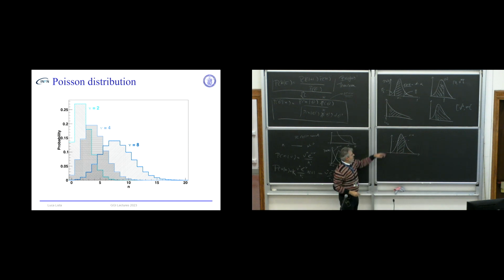And you can tune the level of the horizontal line. So this may be another interval. You can decide to move this horizontal line in order to have 68% content. This procedure gives you the shortest possible interval, so the interval with the smallest distance between two extremes.